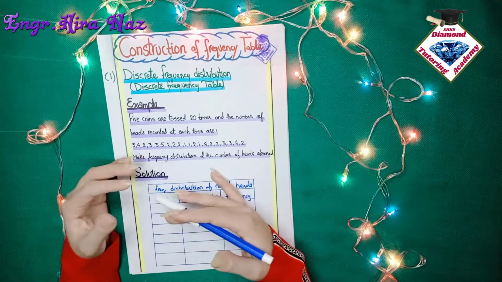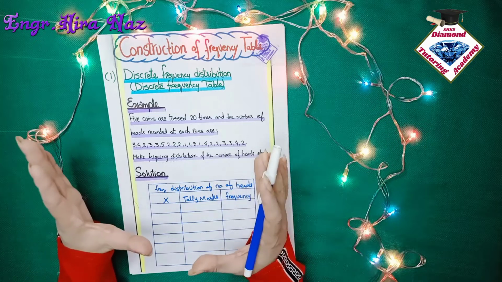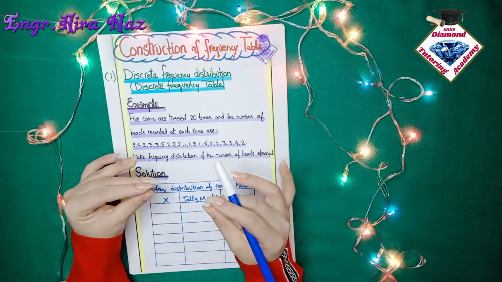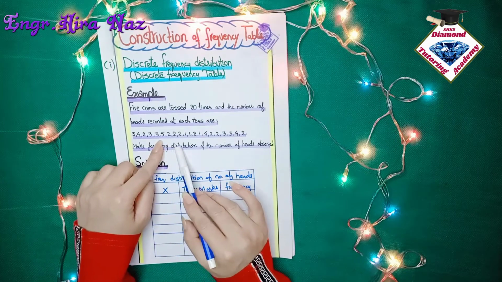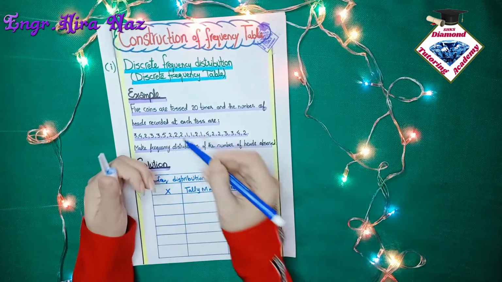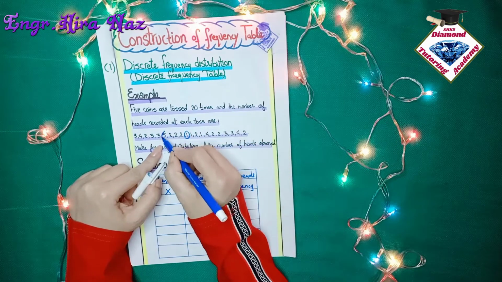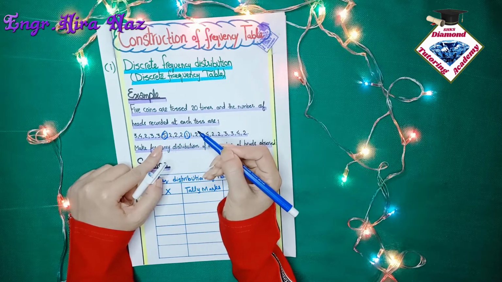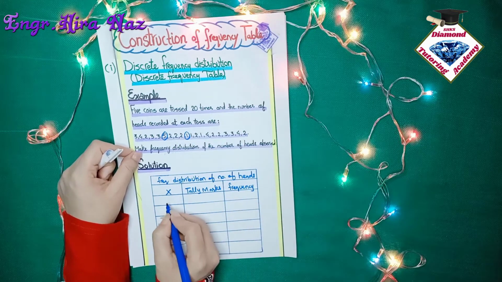Now what we have talked about in the step 1, that we have to find out maximum value and the minimum value and place in the table. So let's have a look on the values. Here 1 is the smallest value and 5 is the biggest value. Understand? So place them in ascending order.